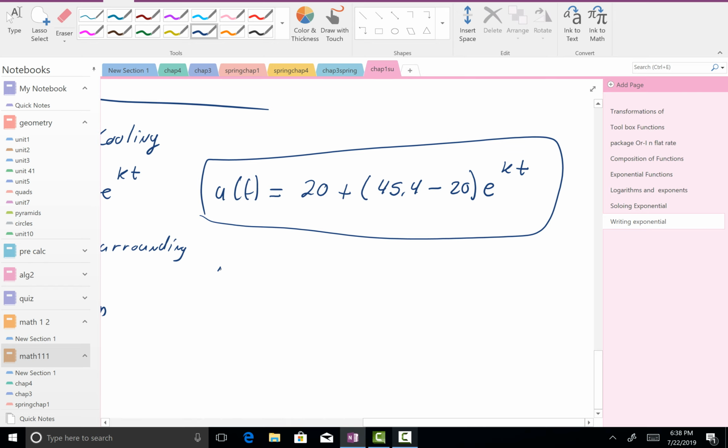So we're going to put 40.9 in for the u sub t, 20 plus 45.4 minus 20 times e to the k times 9, because that time was 9, we had 40.9 for our temperature. All right, and we've got to find k.